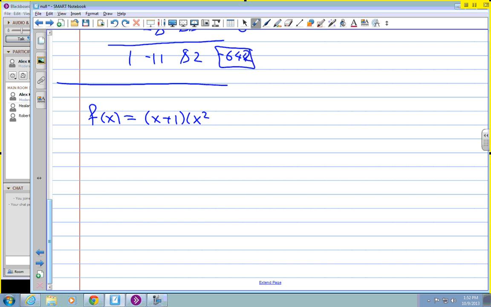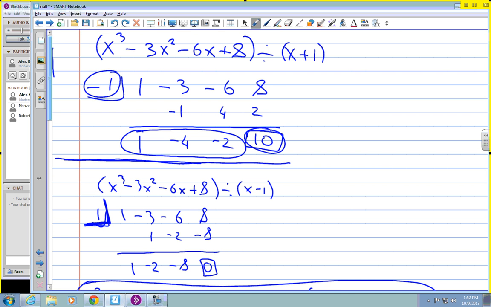Yeah. 48? Okay. So negative 4x minus 2, was it? Plus 10. Is that right? So x squared minus 4x minus 2 is the quotient, 10 is the remainder, x plus 1 is the divisor.